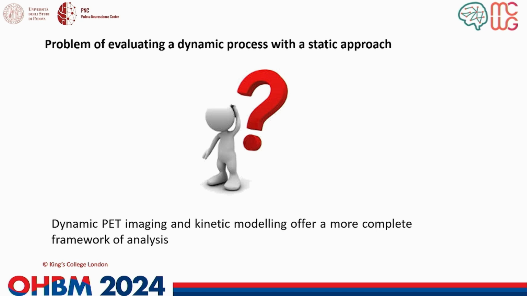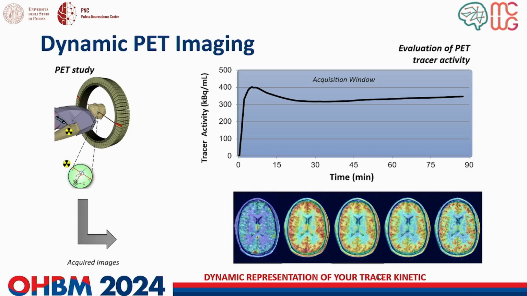How is it possible? Of course, using dynamic PET imaging. In this case, again, I inject the dose and I follow the whole behavior of the tracer. This is a leucine tracer, in this case, so synaptic synthesis, not density.